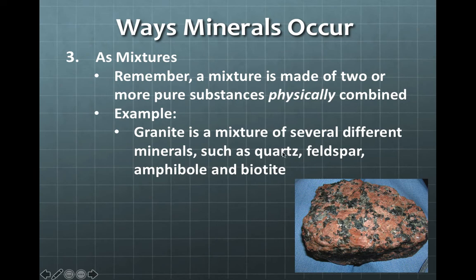And so you have minerals such as quartz, feldspar, amphibole, and biotite. Amphibole and biotite are the darker ones, feldspar is the pink one, and quartz is the clearer one on here. So, the thing to remember there is that what you have is a mixture of different minerals rather than having a pure mineral.